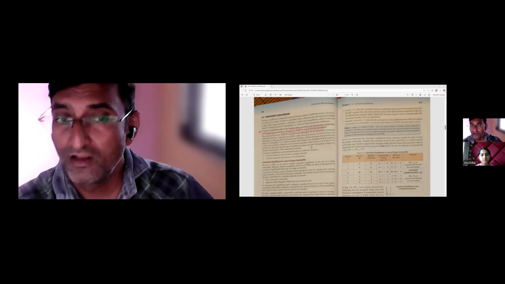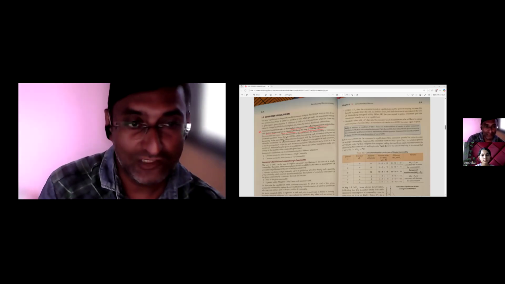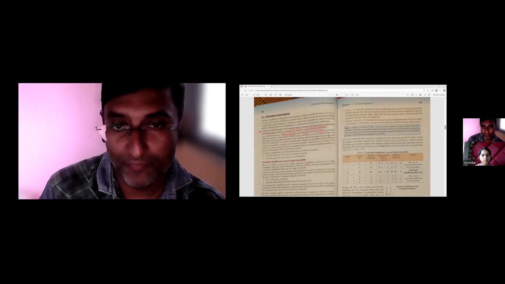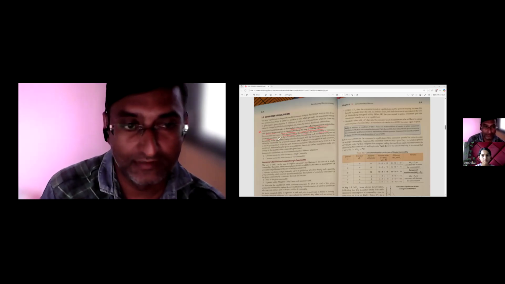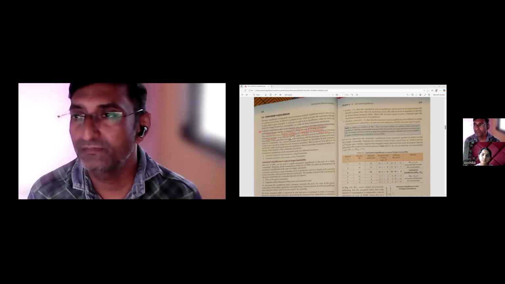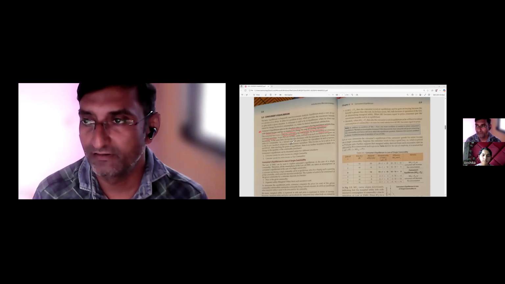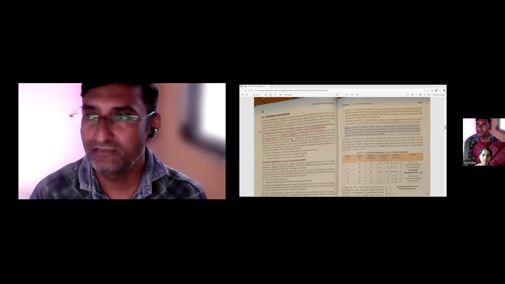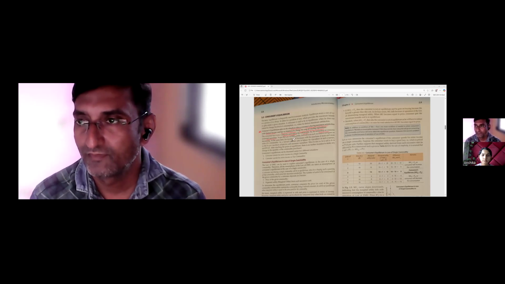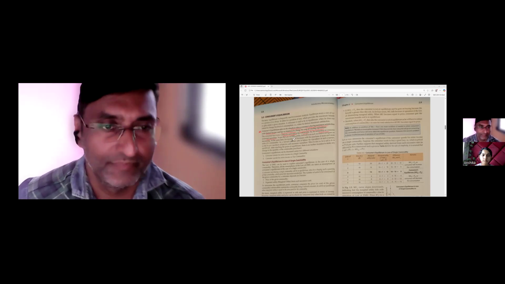But how to maintain the consumer equilibrium? See, the consumer has to pay a price for each unit of commodity, so he cannot buy or consume unlimited quantities because of his income level. Sometimes his desire is for more, but he cannot buy more because of the income level factor, because his income level is very low compared to the buying capacity. Everyone wants to purchase a Rolls Royce or a BMW.